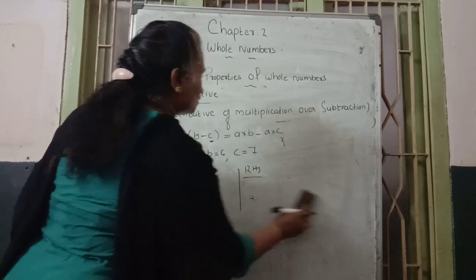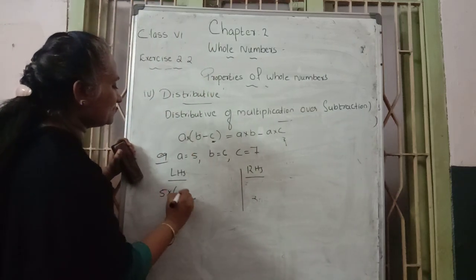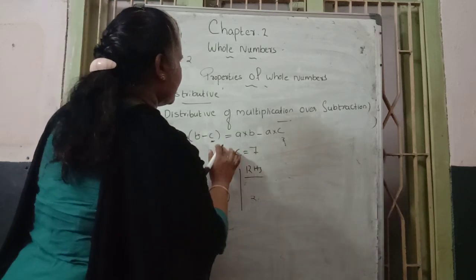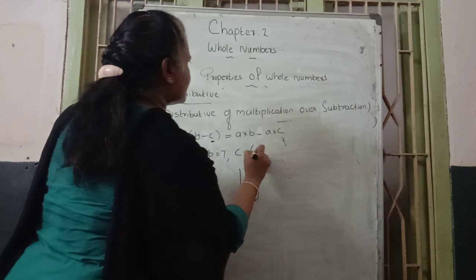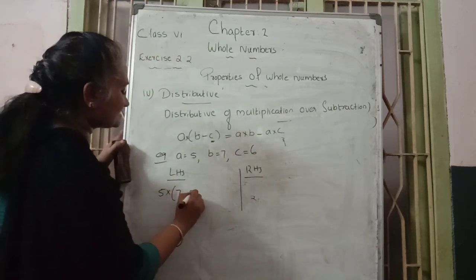LHS part: in place of A, 5, into B place 6, here take 7 and 6. 7 minus 6.